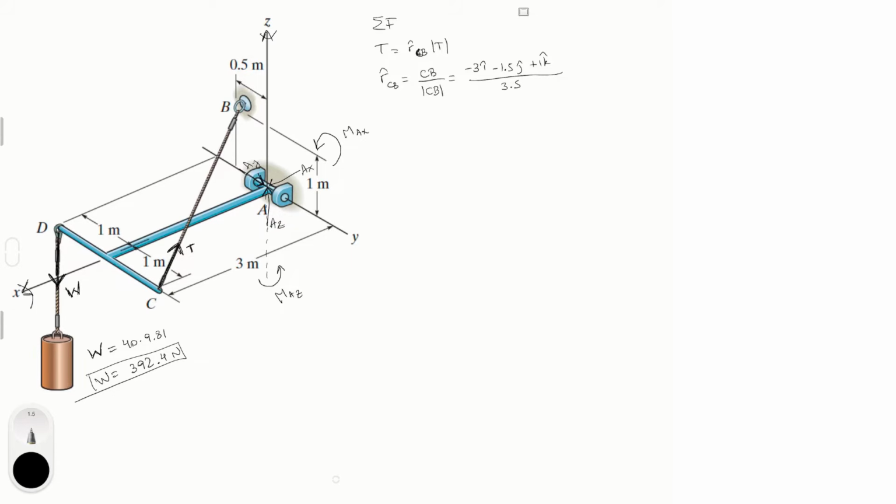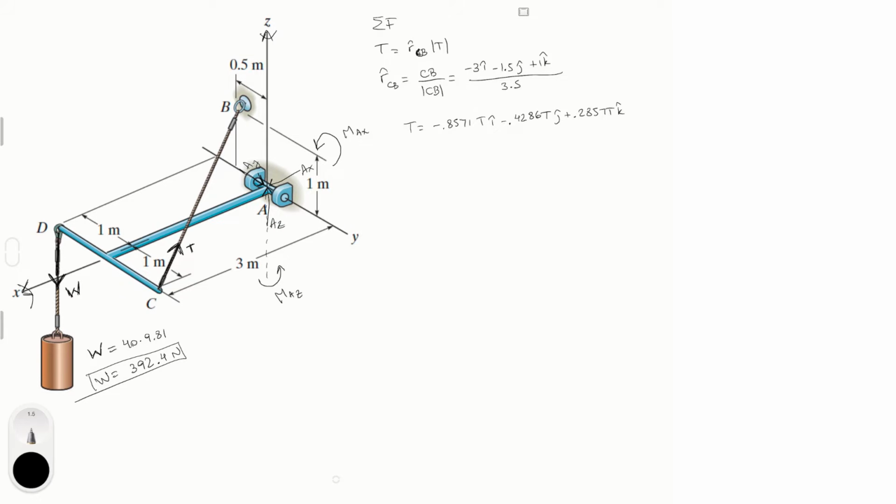That being said, you get a unit vector, and in that unit vector you get T. The unit vector is minus 0.8571 times T. Well, that's not the unit vector, that's the whole vector already. Minus 0.4286 times T in the j, plus 0.2857 T in the k.